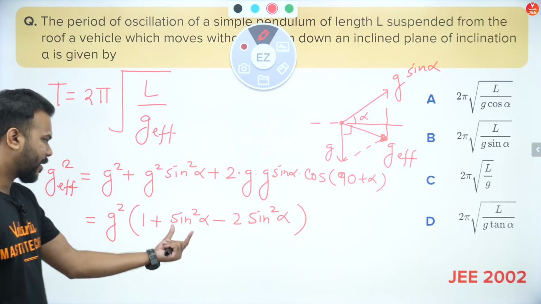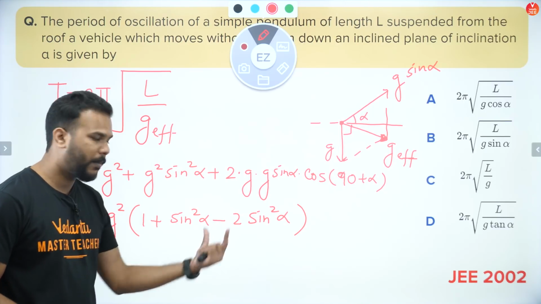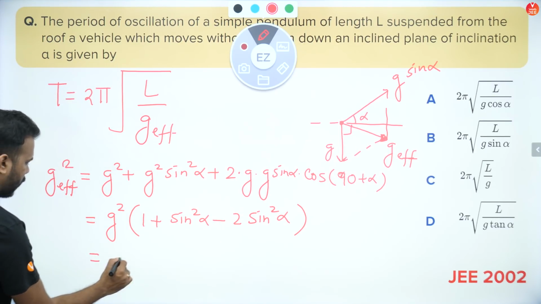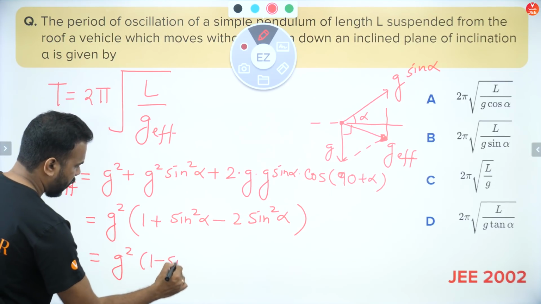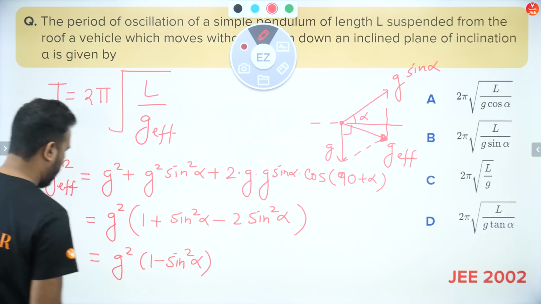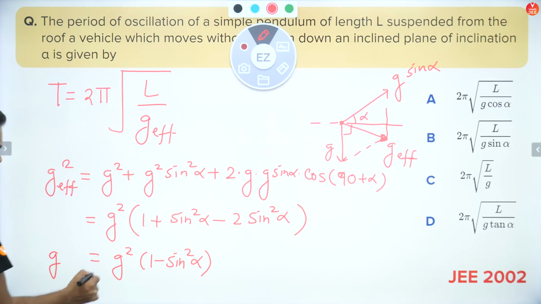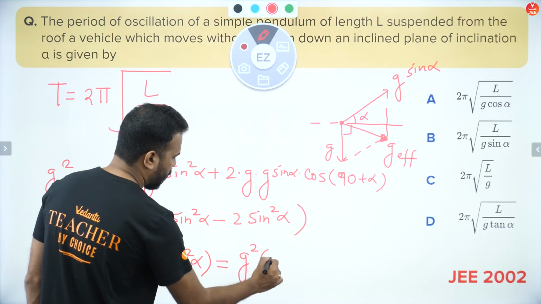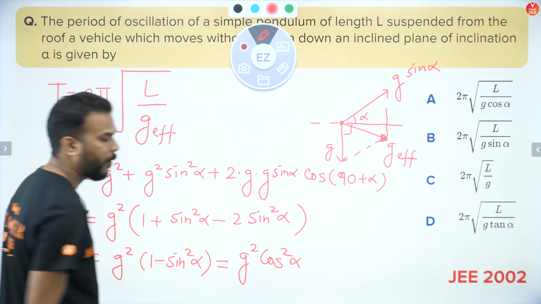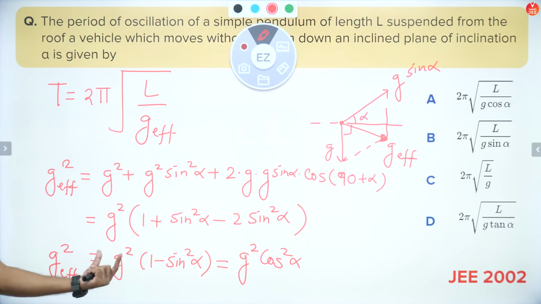That means what? 1 plus sine square alpha minus 2 sine square alpha will give you 1 minus sine square alpha. That means you have g square 1 minus sine square alpha. This is your g effective square value, and 1 minus sine square alpha, as you all know, is cos square alpha. So this is g effective square. That means what, guys?